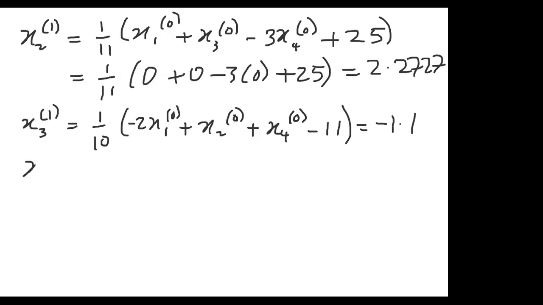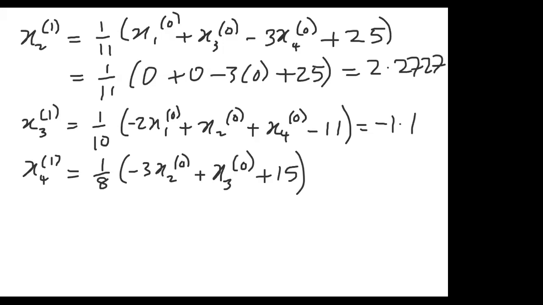You keep it, and then you find x4(1). So x4(1) will be 1 over 8 times minus 3 x2(0), then plus x3(0) plus 15, right? Again, you substitute the values of x2(0) and x3(0), and it will just give you 15 over 8. If you write it in decimal form, it will be equal to 1.8750.